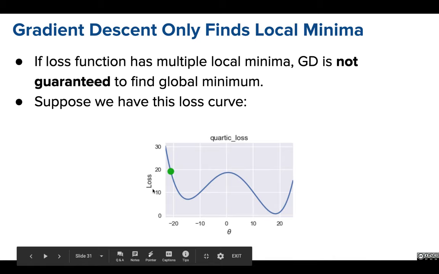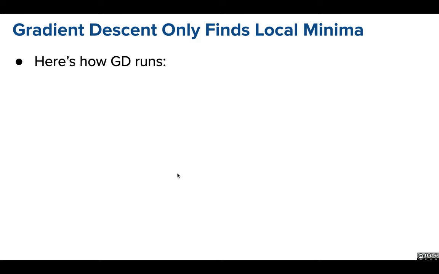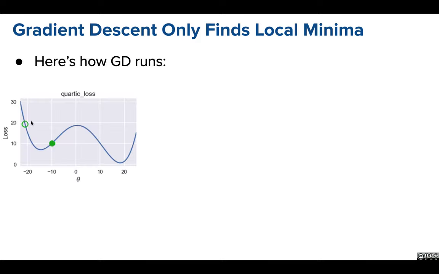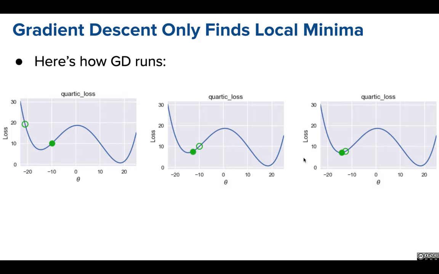If I start theta at this value and run gradient descent, we're going to move from here to here, and then here to here, because the slope here is positive, so theta will move negative, and we'll actually never end up at the globally optimal loss.